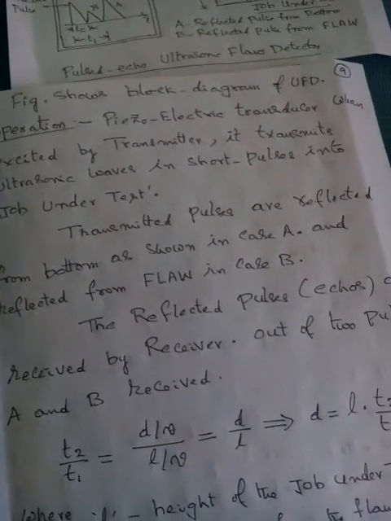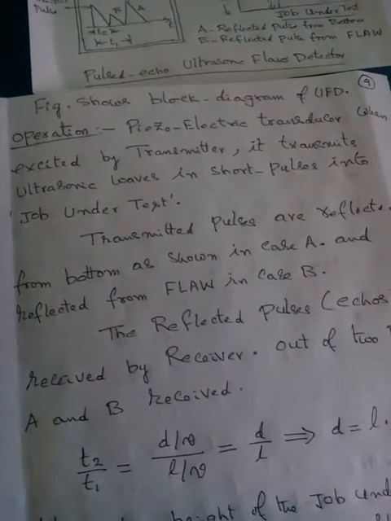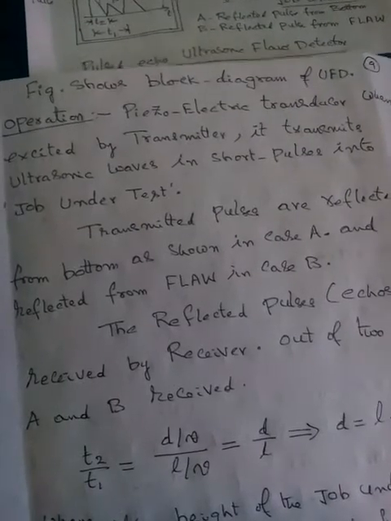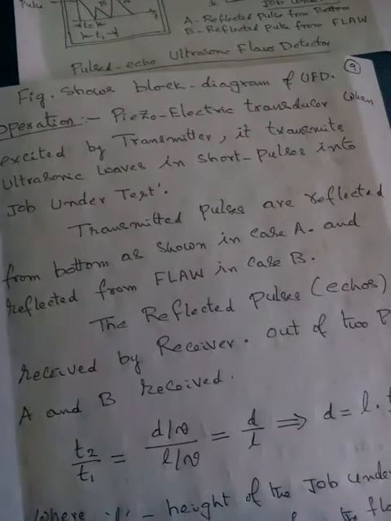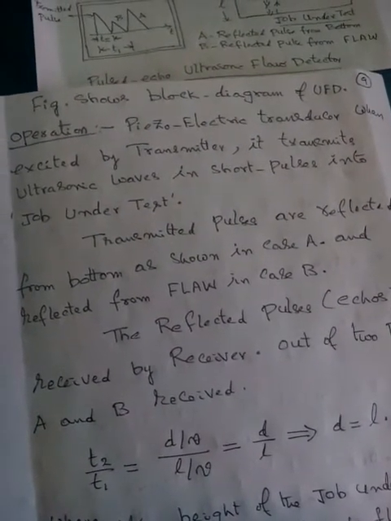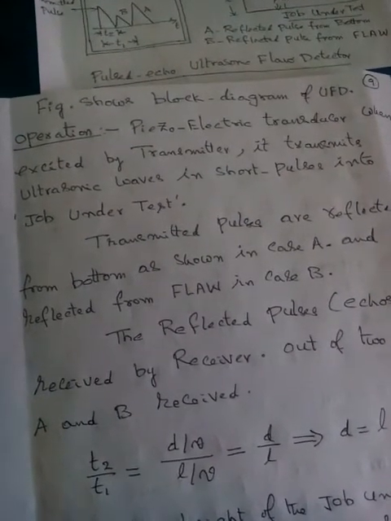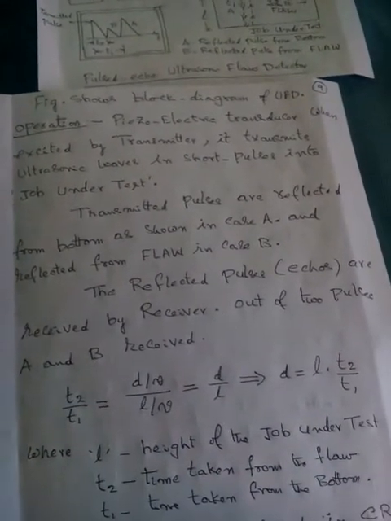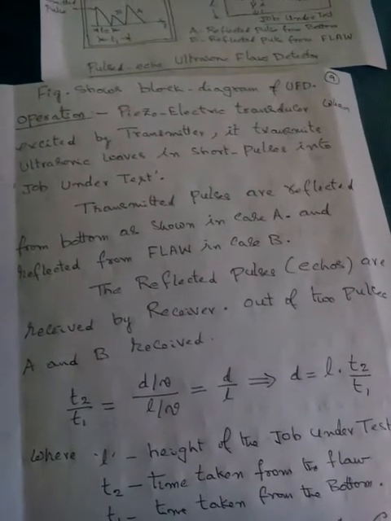Transmitted pulses are reflected from bottom as shown in case A and reflected from flaw as shown in case B. If there is no defect, it is case A, reflected from bottom. If there is a flaw, they are reflected from flaw in case B. The reflected pulses, they are called echoes, are received by receiver.